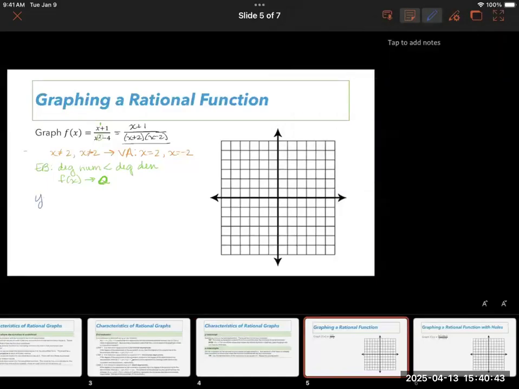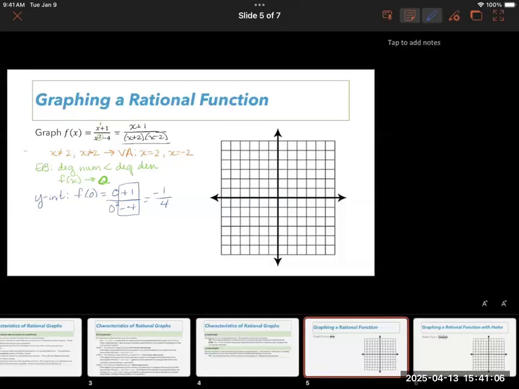Then I'm going to look at the y-intercept. I can either substitute 0 in for x and work it out, or I can just realize that when I do that, all I end up with is just constant over constant.